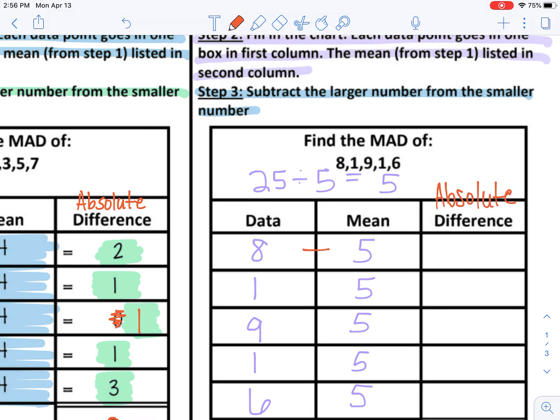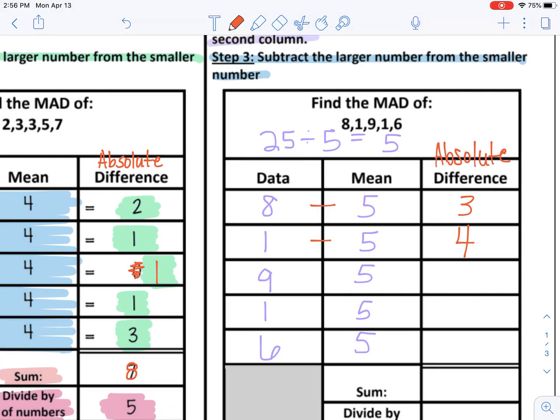So 8 minus 5 is 3. 1 minus 5 is negative 4, but I'm finding the absolute difference, which is 4. 9 minus 5 is 4. 1 minus 5 is negative 4, but I'm finding its absolute difference, so it's positive 4.